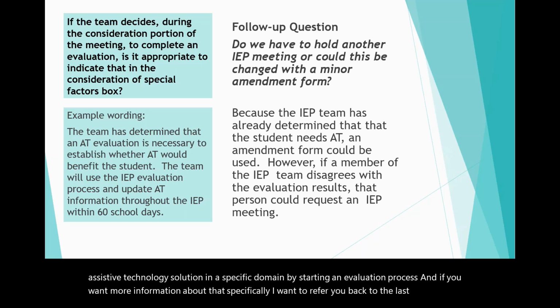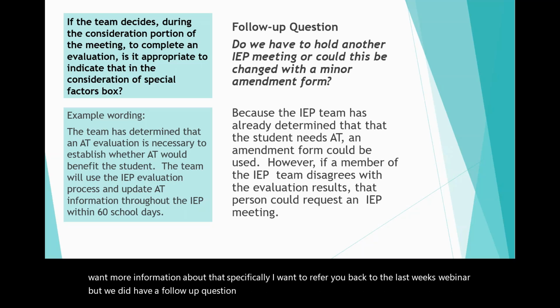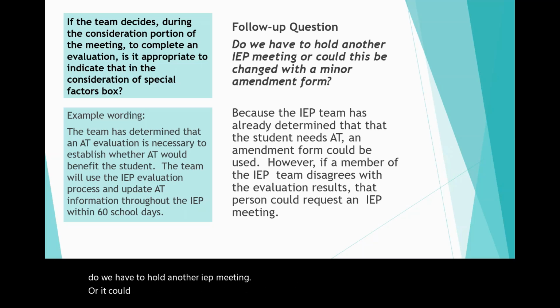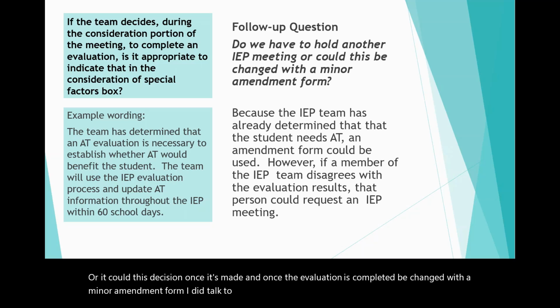But we did have a follow-up question that we thought was important to address. And that was, do we have to hold another IEP meeting, or could this decision, once it's made and once the evaluation is completed, be changed with a minor amendment form? I did talk to ISBE about this because every state has different rules about how the forms are used and when they're used.